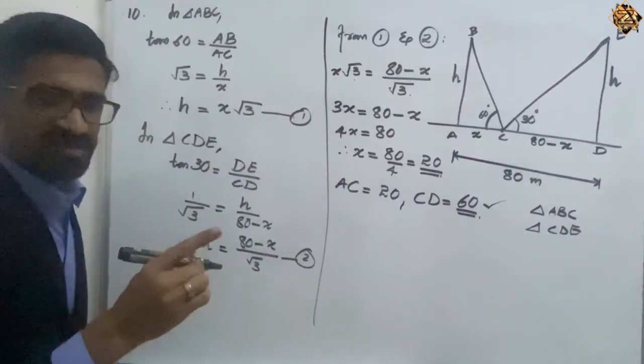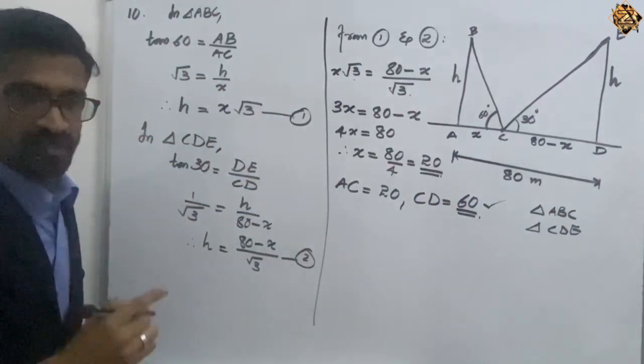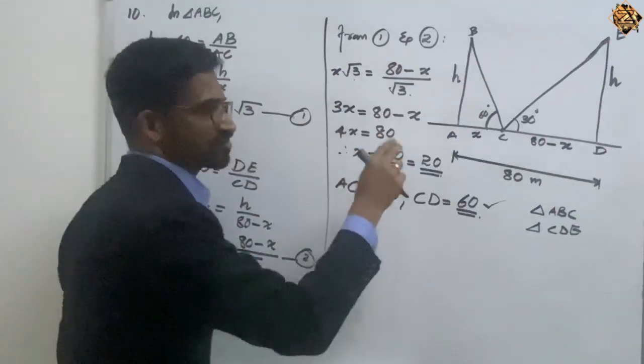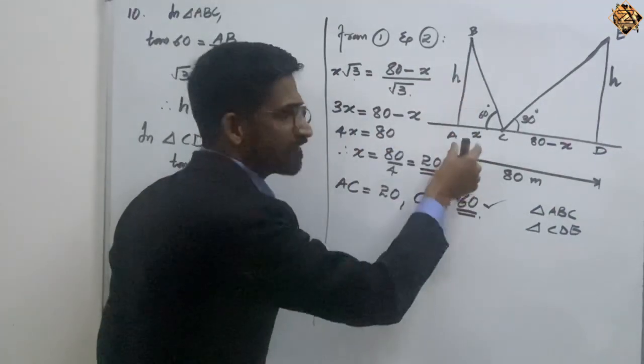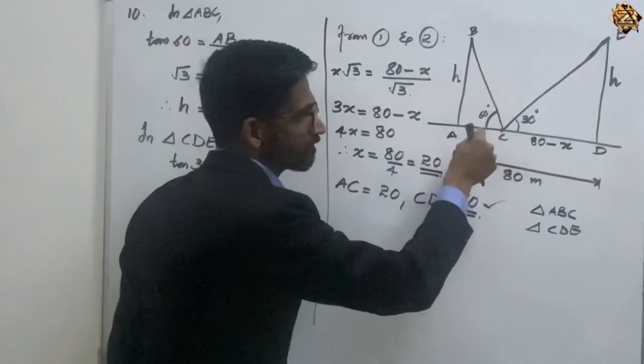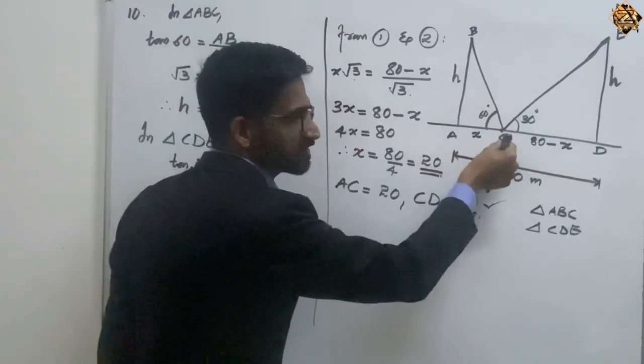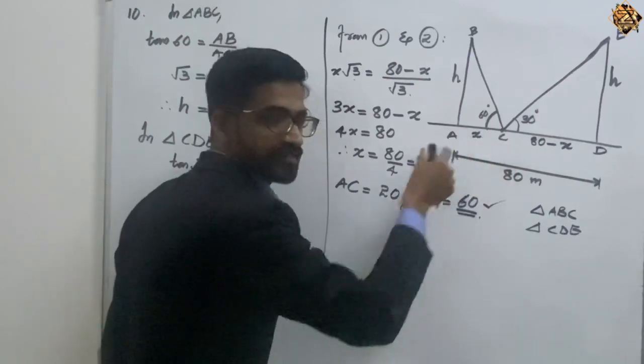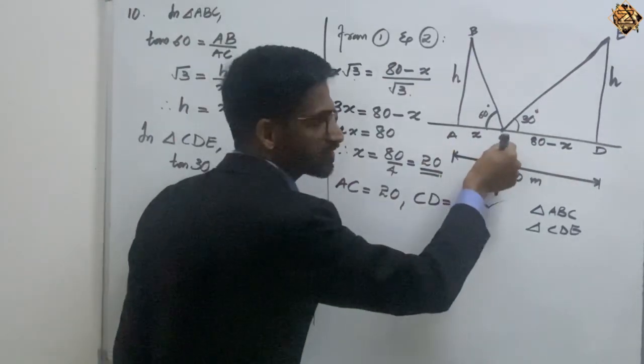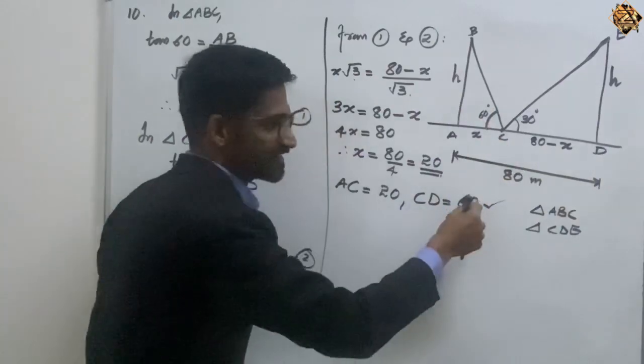And there is one more question: find the height of the poles. The two questions are find the height of the pole and find the distance of this point from each of these poles. So the distance of this point from A is x, that is 20 we have got, and the distance of this point from D is 80 minus x, that is 60 we got.